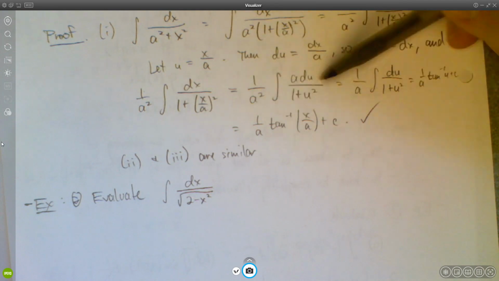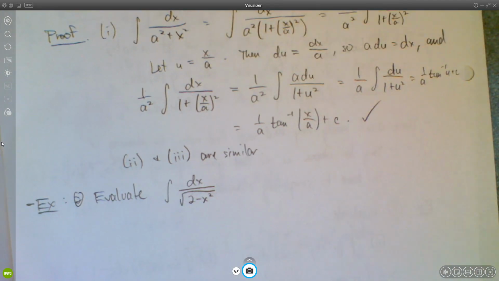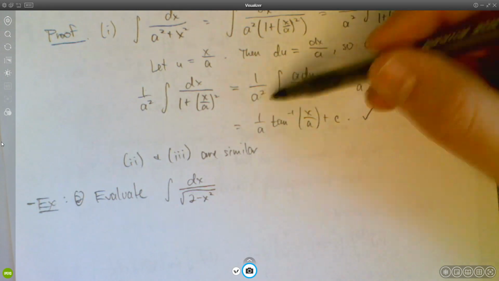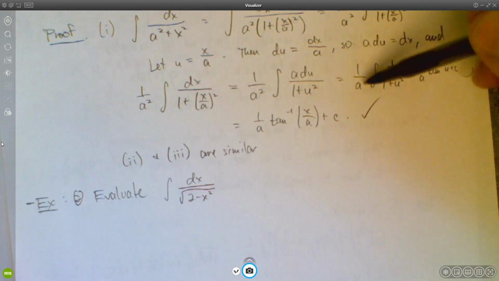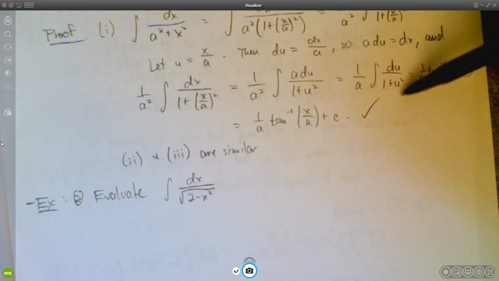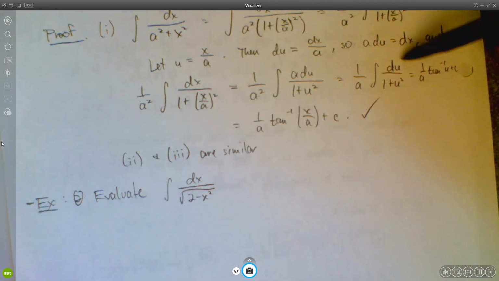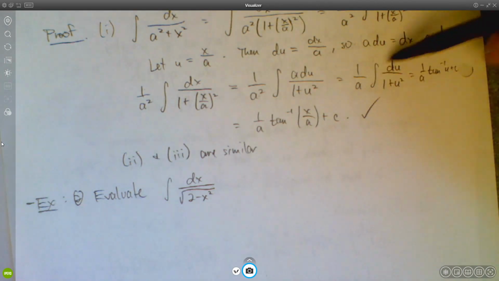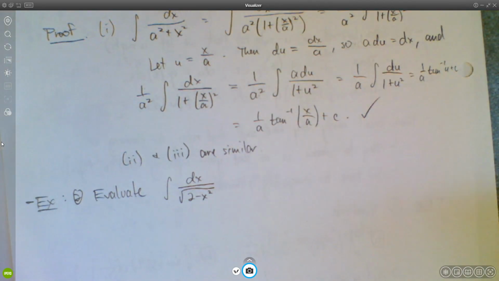So this is where I end up. Now one of those a's and this a will cancel, and you'll just be left with 1 over a. So you'll be left with 1 over a times the integral of du over 1 plus u squared. And this is just tangent inverse of u, right? The integral of 1 over 1 plus u squared is just tangent inverse of u. So that's that, right?